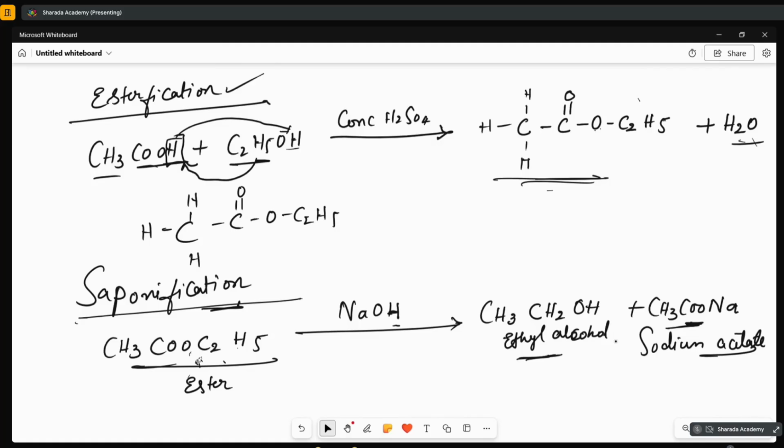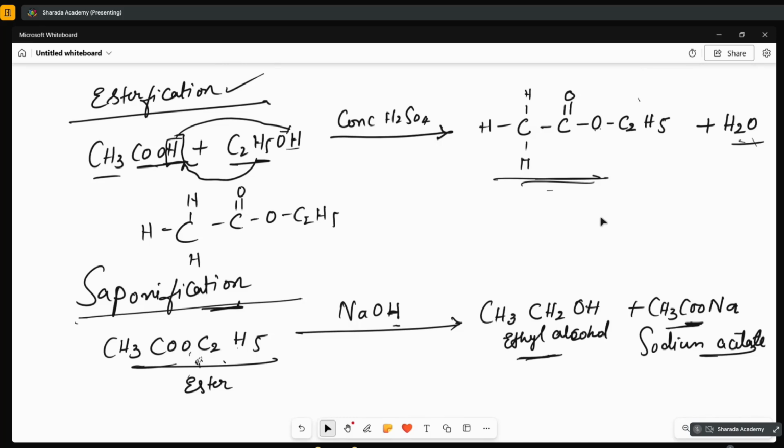This is done. Written, Lakshit? Done? Okay. Shall I clear this? Right. So understood, everyone? Saponification means an ester, when it reacts with sodium hydroxide, you will get ethyl alcohol plus sodium acetate.